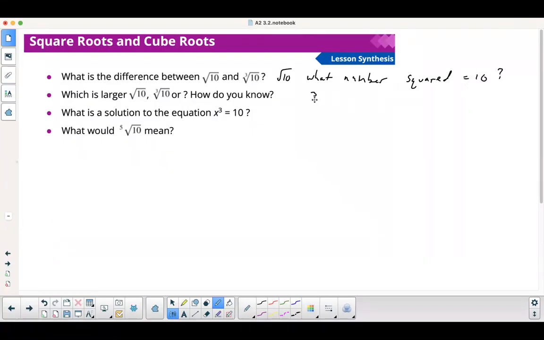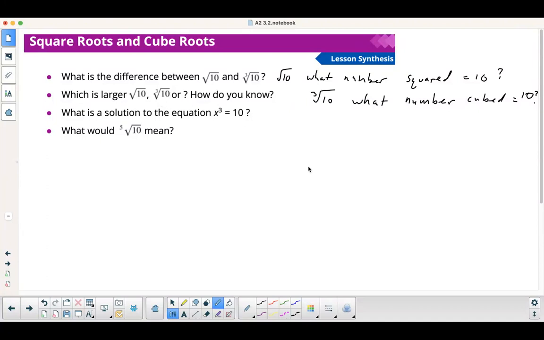And the cube root of 10 is what number cubed equals 10?